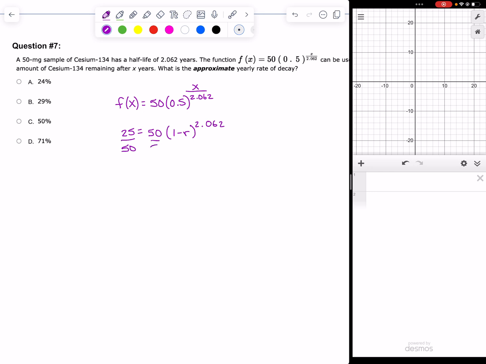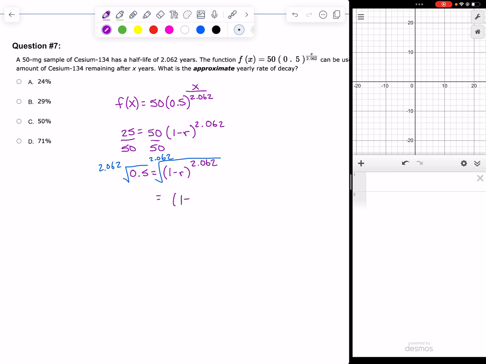So to solve it, I first divided by 50, so that gives me 0.5 equals 1 minus the rate that I'm looking for to the power of 2.062. So at that point, I need to take the root of this. To get rid of that power, I have to take the equivalent root, which is kind of a weird number, but it'll work in my calculator.